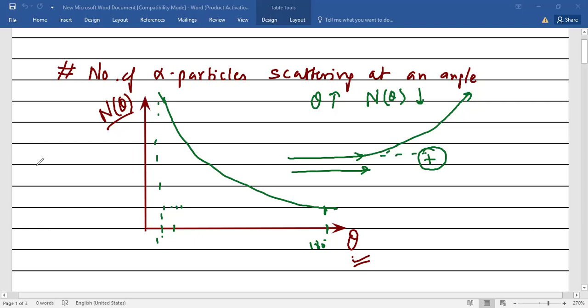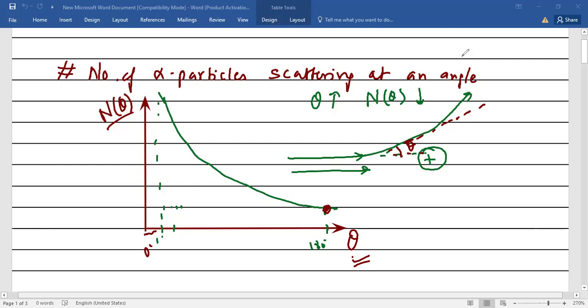This angle theta is the angle of scattering. Smaller angle, more alpha particles. At approximately 0 degree, a large number of alpha particles go undeviated, whereas very few got bounced back by 180 degree.